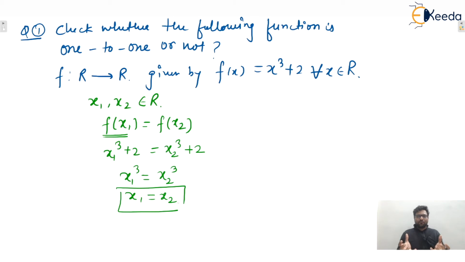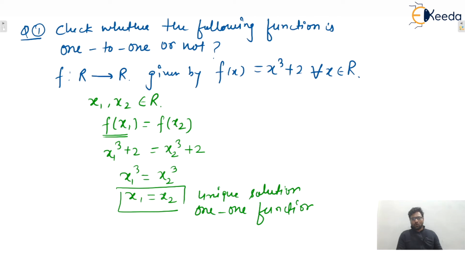We started our proof by assuming that two elements have the same image, and finally we proved that these elements are not distinct, they are the same element. That's why this function is a one to one function. If it is a unique solution, then that function is one to one.